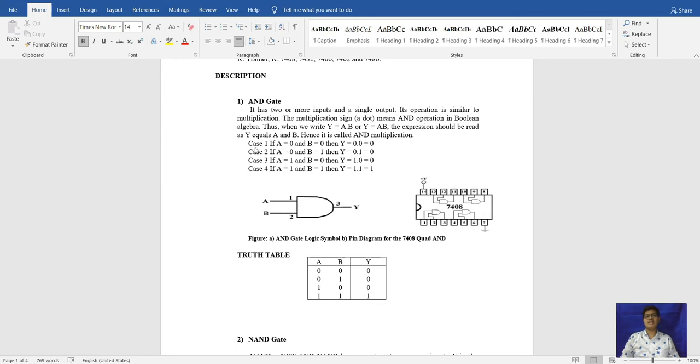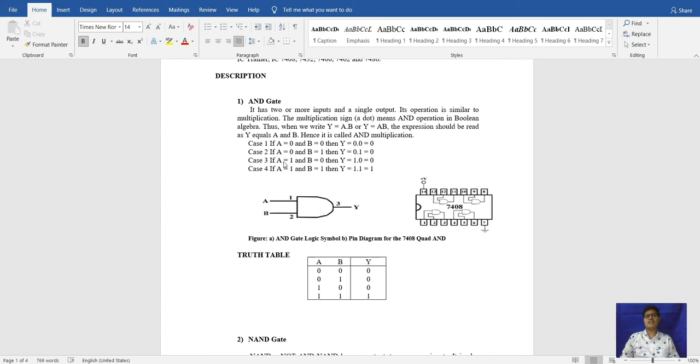When we check the cases, in case 1 A is equal to 0 and B is equal to 0. When we multiply 0 into 0, the output will be 0. In case 2, when we take inputs 0 and 1, we get the output 0.